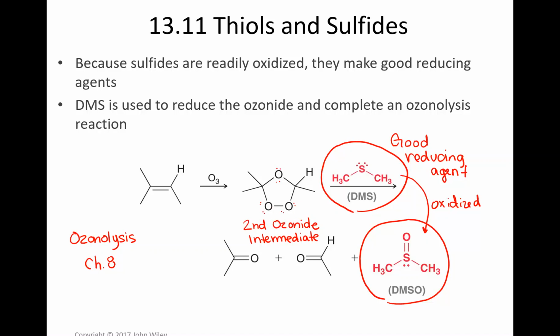And then sulfur will attack one of the oxygens, forming an oxygen-oxygen bond, because that's a weak bond. You can shift electrons over to form a carbonyl, form another carbonyl, and then form a lone pair at the end. So all of that's happening simultaneously to produce 2 carbonyls and DMSO, which is a byproduct of that reaction.